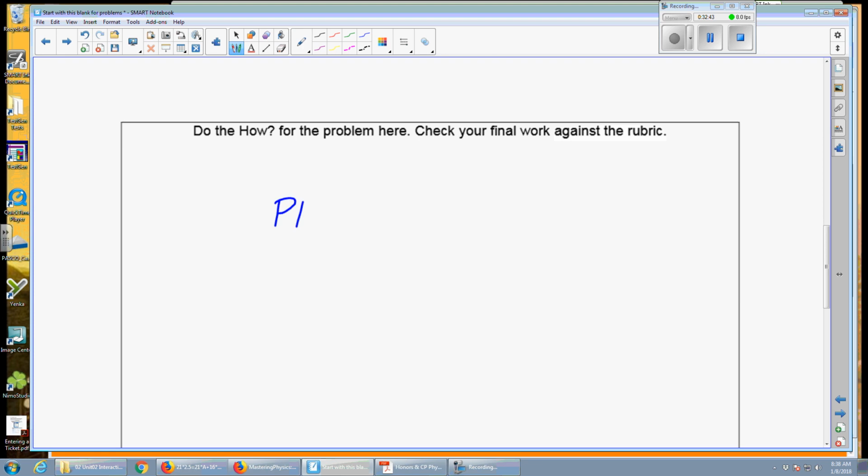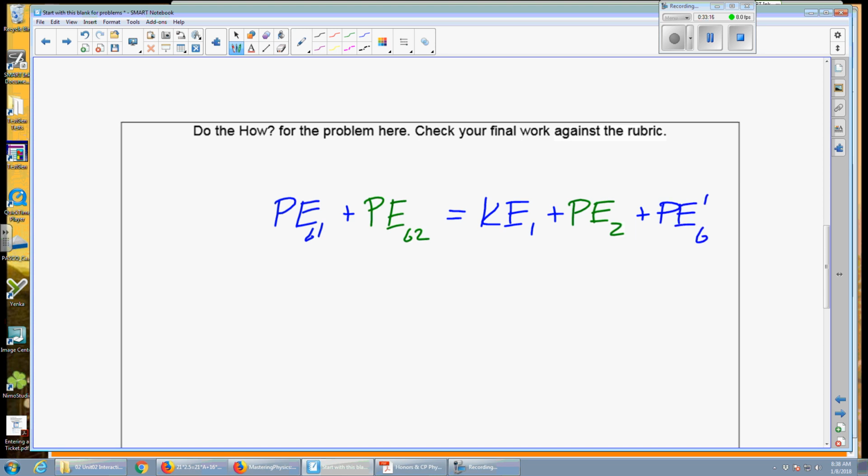So, PE 1 beforehand plus the PE grav of 2 beforehand equals KE of 1 plus KE of 2 plus PE afterwards, gravitationally, of 1.